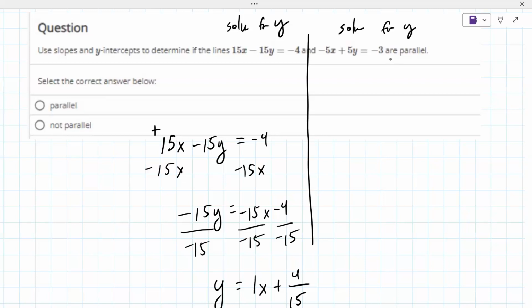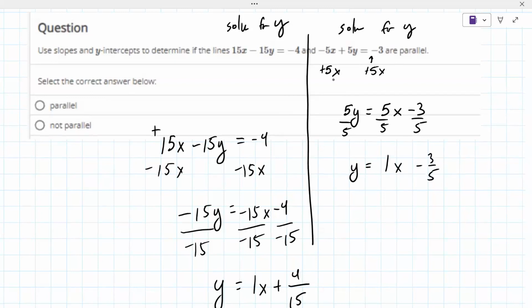What are you doing on this one? I'm kind of lost. Okay, so you're going to add 5x to both sides. And so this is 5y equals 5x minus 3. Divide both sides by 5. y equals 1x minus 3/5.